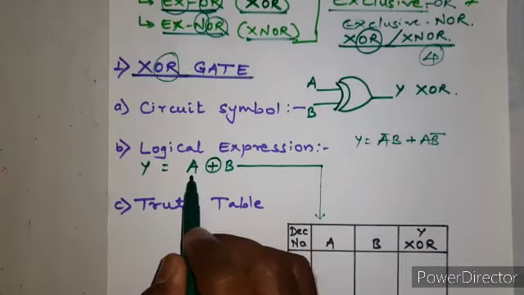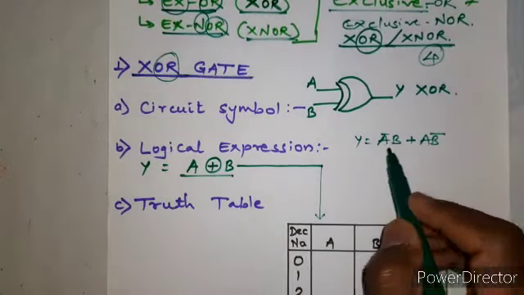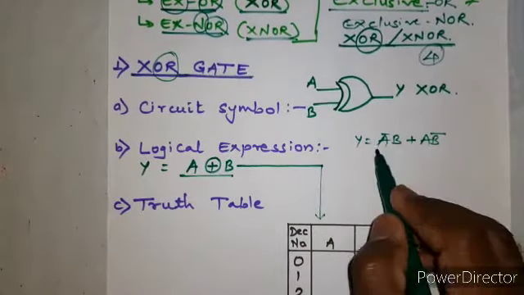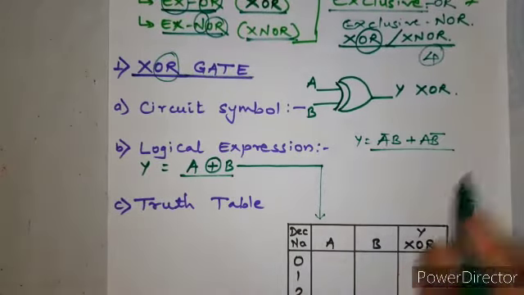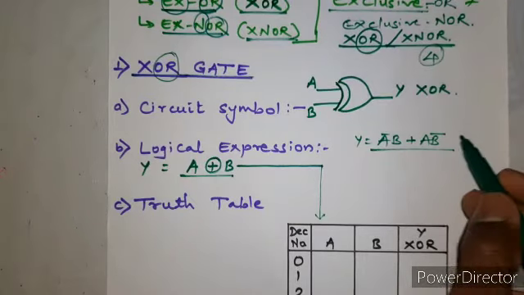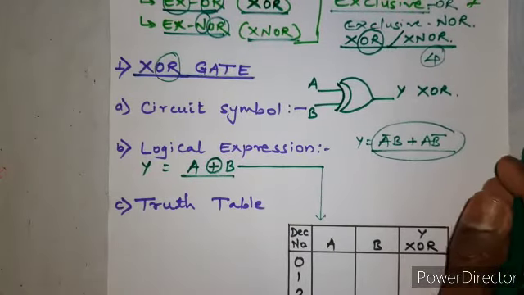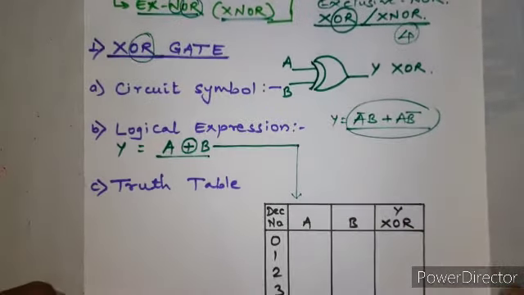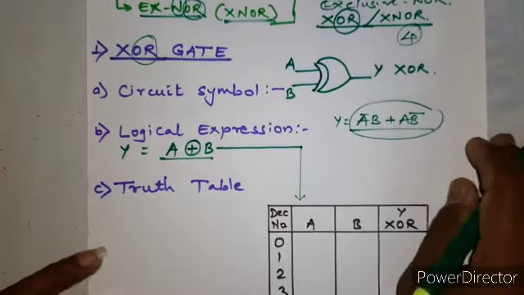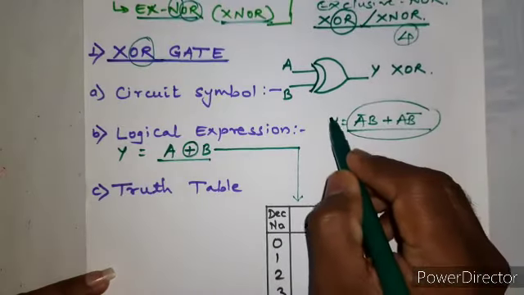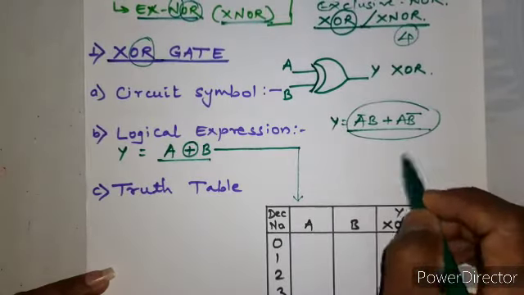So you can represent your XOR gate in either way. We'll see how it is represented in this format, but just for now, remember that the XOR gate is represented in this format.